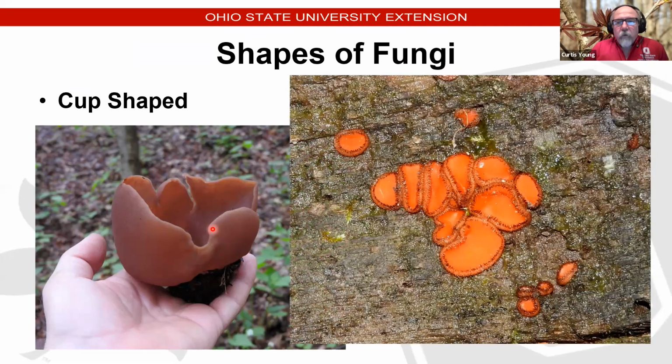Now, one that's much smaller than this common brown cup fungus is the eyelash cup. And you can see why it's called the eyelash cup, because when you get close enough and high enough magnification, you can see the edge of the cup has little hairs all around it that look like little eyelashes.